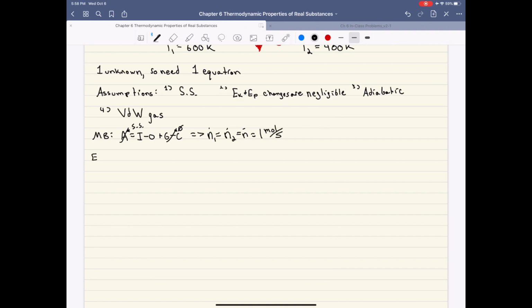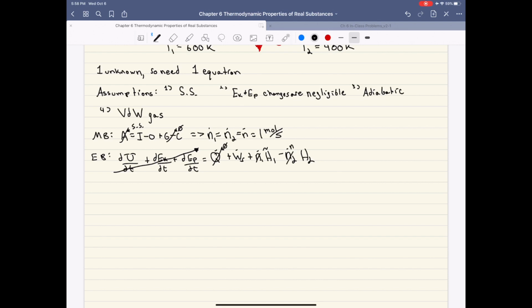And the energy balance is also relatively straightforward. We have an open system, so we'll use the open system form of the energy balance. We're at steady state, so the left-hand side goes away, and adiabatic, right?